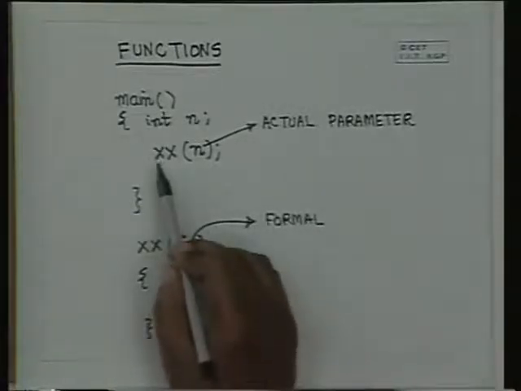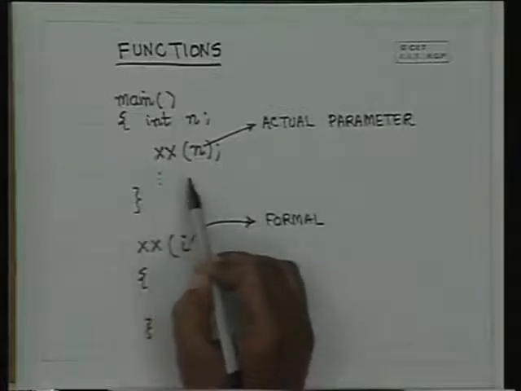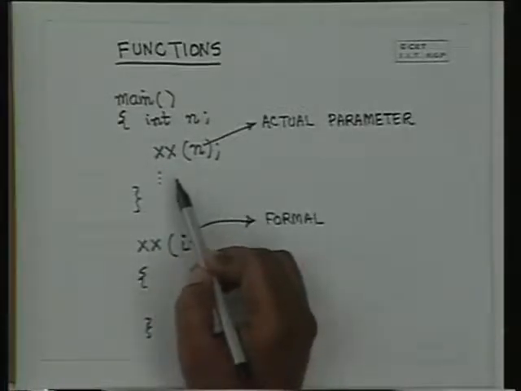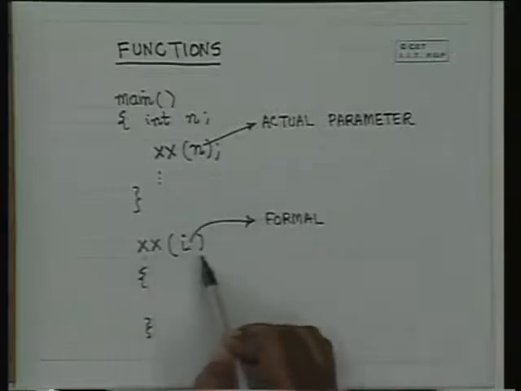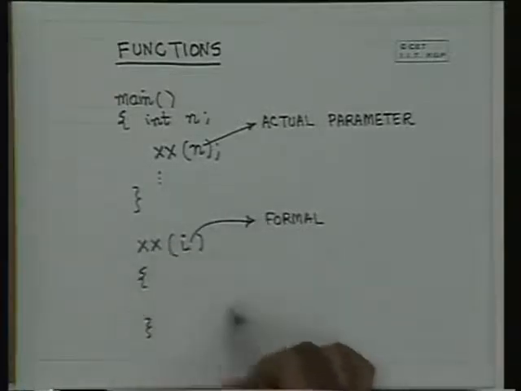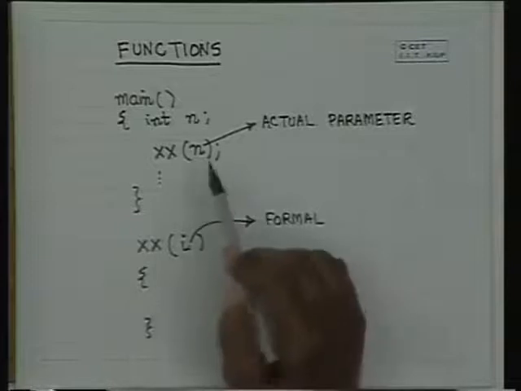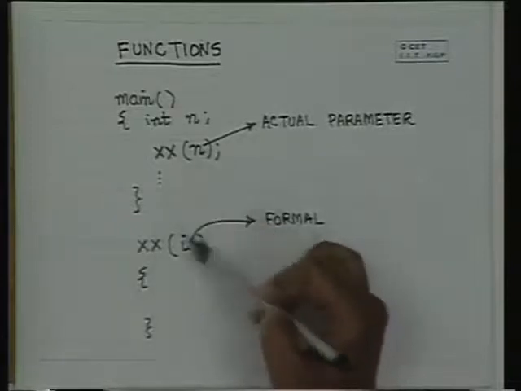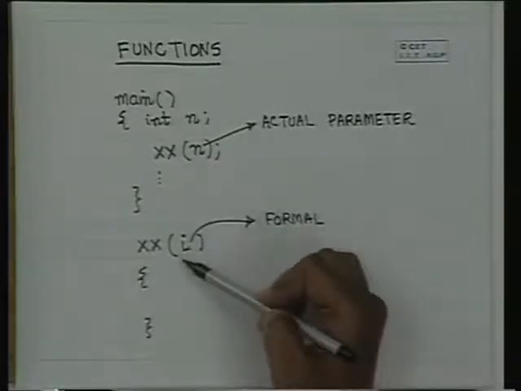Because this xx may be called many times with different actual arguments, and this is the formal parameter, wherever the function itself is declared. The type of the two must match. If the types do not match, there will be problems.